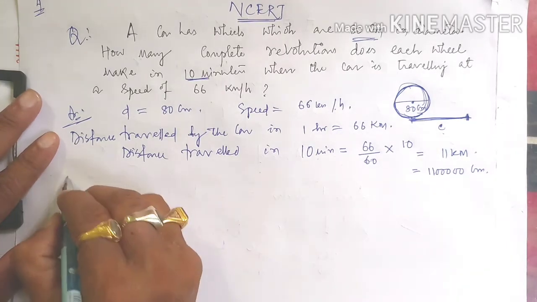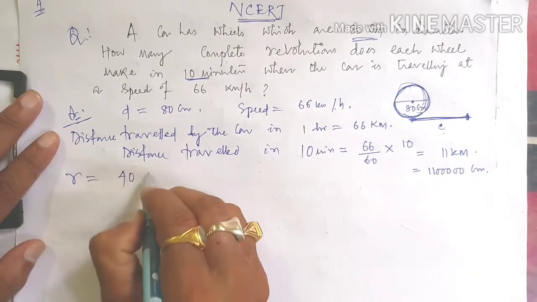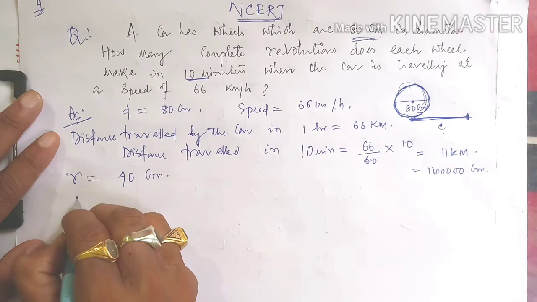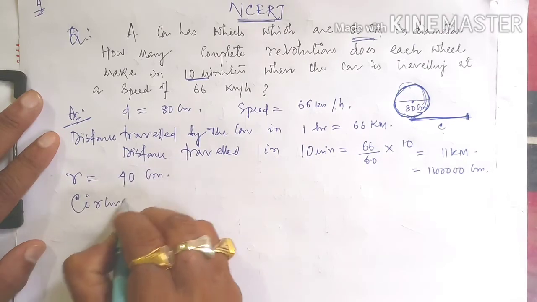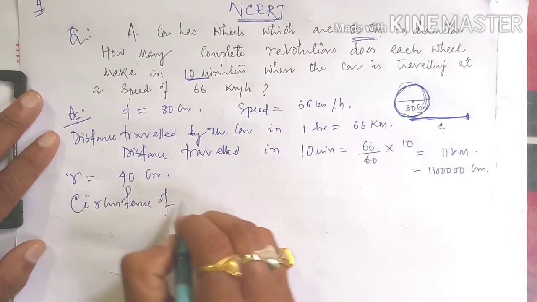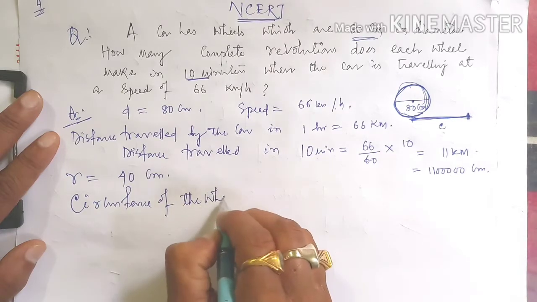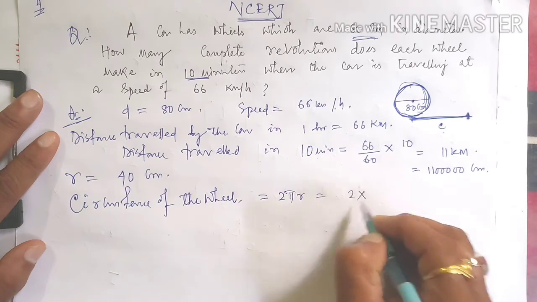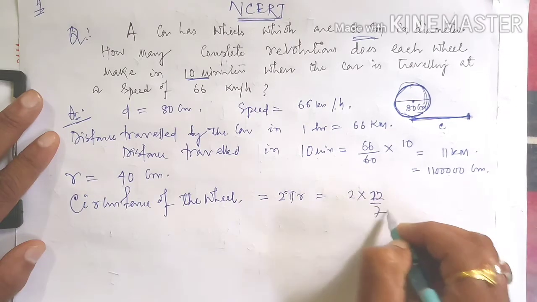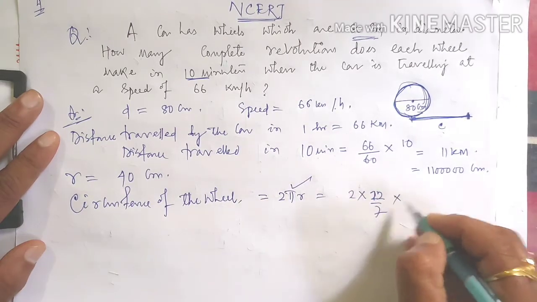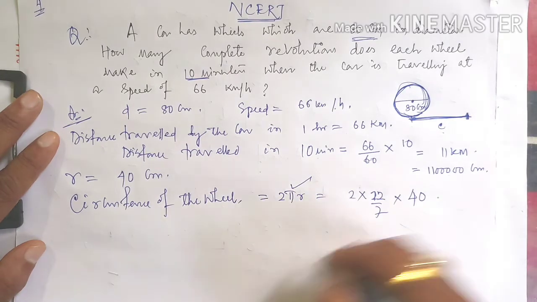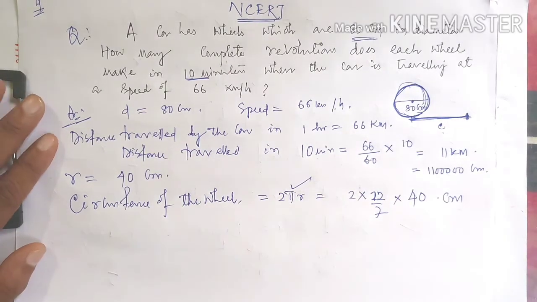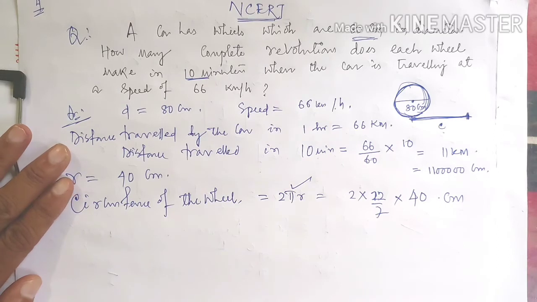And the radius equals 40 centimeter. Now I have to calculate the circumference of the wheel. Circumference of the wheel equals 2 pi r. Now it is 2 into 22 by 7, the value of pi, and the radius is 40. This much centimeter is the circumference of the wheel, that means the distance travelled by the wheel in one complete revolution.